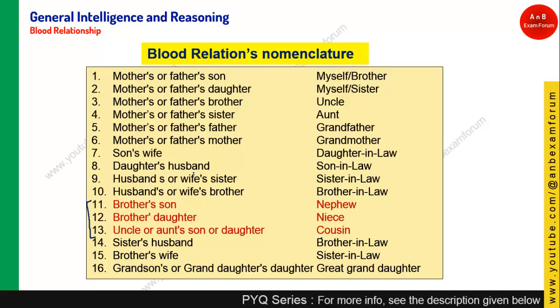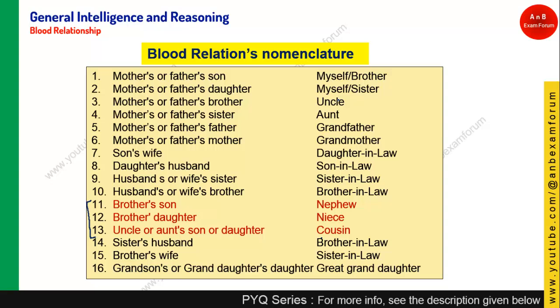I'm not going through each and every one because those are simple. If you see mother's or father's son, it will be either myself or brother. Mother's or father's daughter, it will be myself or sister. So for all those relations, just pause the video and try to understand the relationship and the statement.